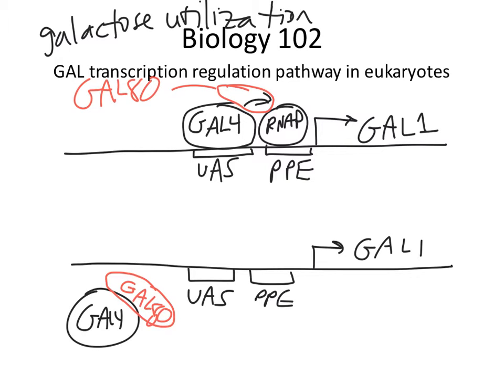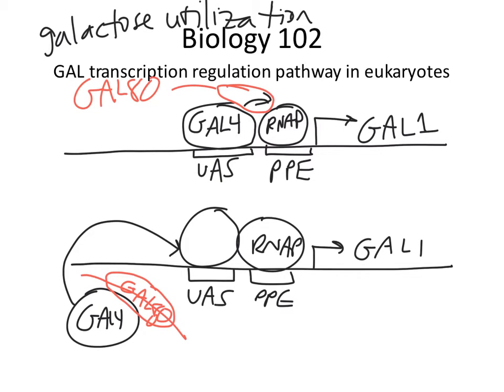So what do we want to do if we want to get transcription to happen? Which protein do we have to get rid of? GAL80. If we get rid of GAL80, then GAL4 should be able to come over here and actually physically interact and bring RNA polymerase to the promoter.